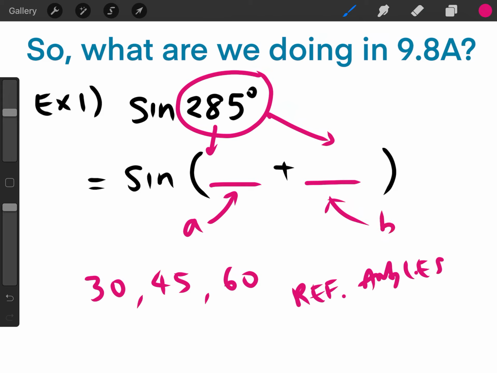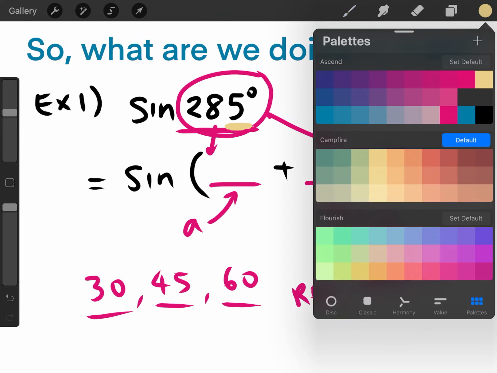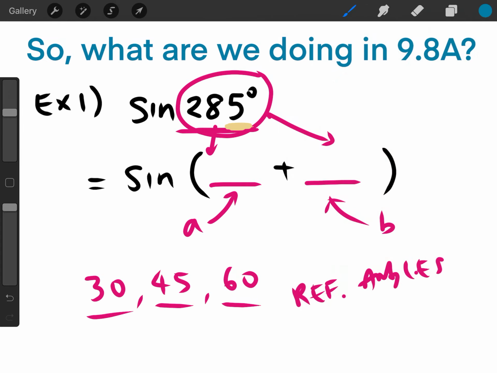I need you guys to understand that since we're going to have the triangles in only 30, 45, and 60 degrees as our reference angle, we need to make sure that the first angle you're dealing with, we're going to call this angle A, and the second angle B, are able to become 30, 45, and 60 reference angles on any quadrant, from quadrant 1 all the way to quadrant 4.